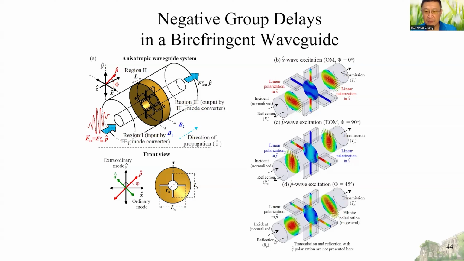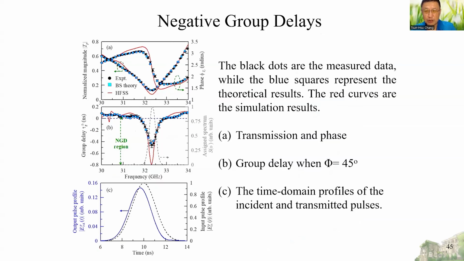So the wave can be trapped inside, or we have the multiple polarization, two orthogonal polarizations. So we can control the group delay. I don't want to show you how we control the group delay. Let me just show you the result.